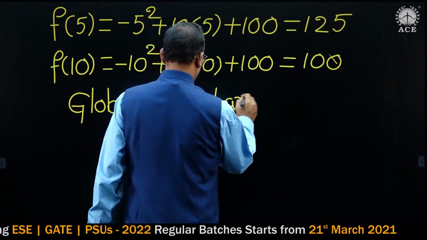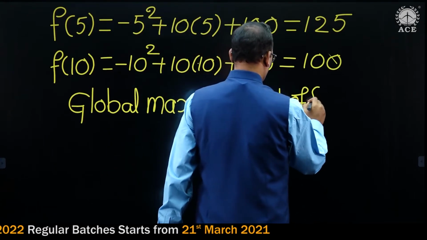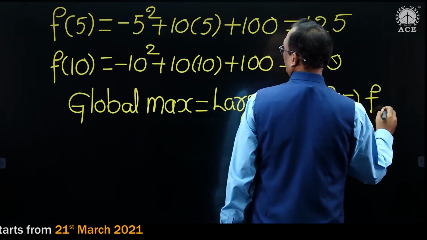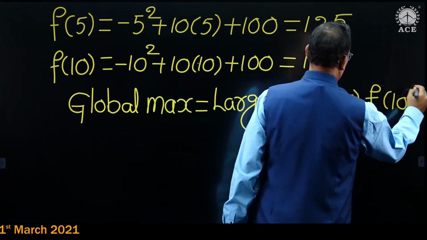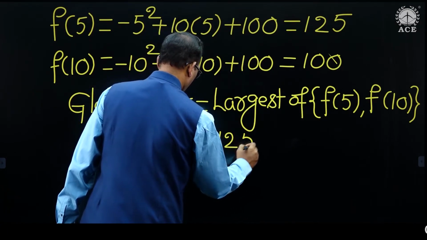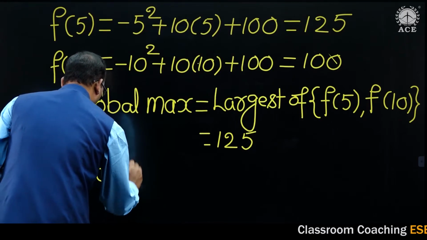That would be the largest of f of 5 and f of 10, that is 125. And the global minimum, we need only global minimum.